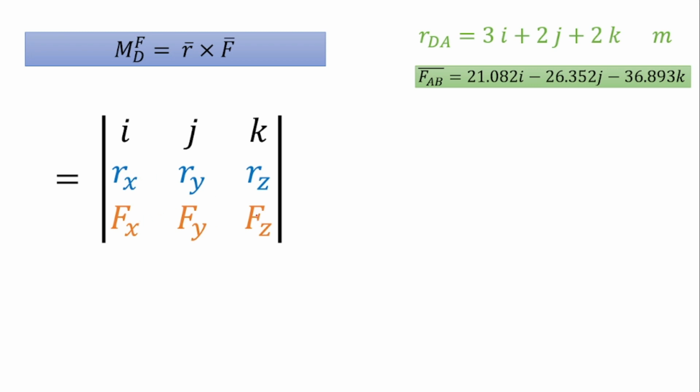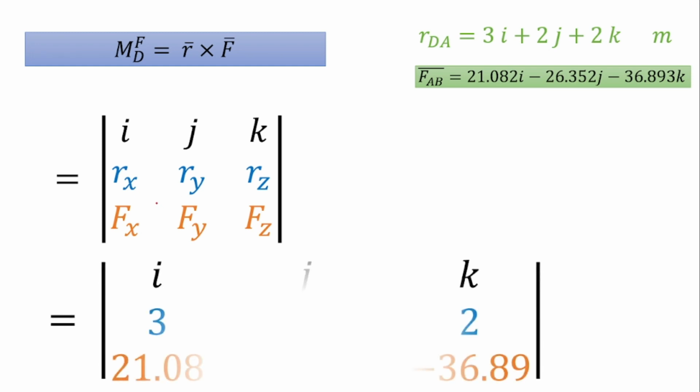Now put the values. i, j, k as it is. The value of Rx is 3, Ry is 2, Rz is 2. The value of Fx is 21.082, Fy is minus 26.352 and Fz is minus 36.893. So put the values in the respective places.